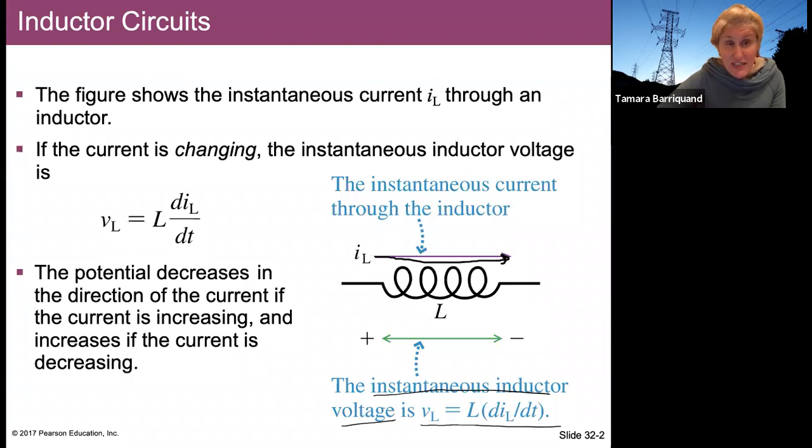Now the potential decreases in the direction of the current if the current is increasing, and increases if the current is decreasing. So this is just the magnitude, but it depends on which direction the current is either decreasing or increasing. That will give us whether it's positive or negative.